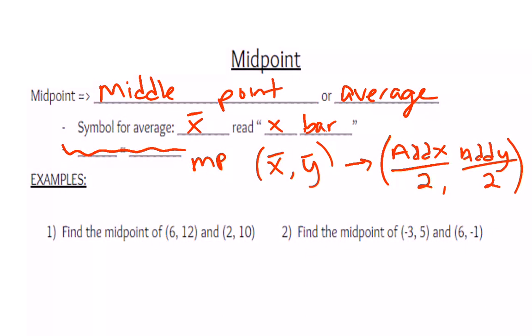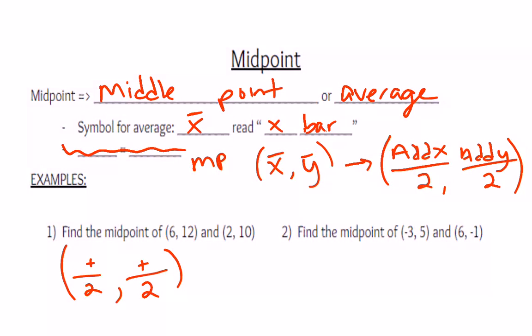So if I want to find the midpoint of (6, 12) and (2, 10), let's start with our overall structure. We're going to add, divide by 2, add, divide by 2.